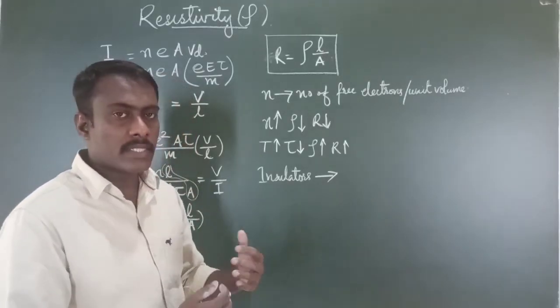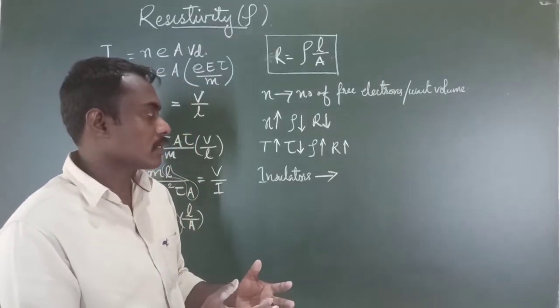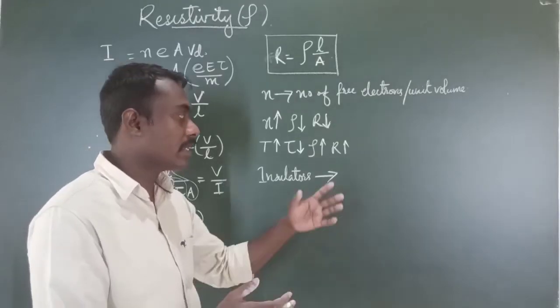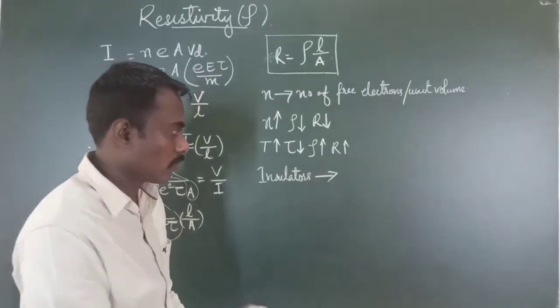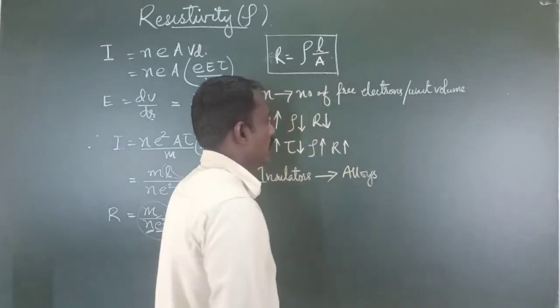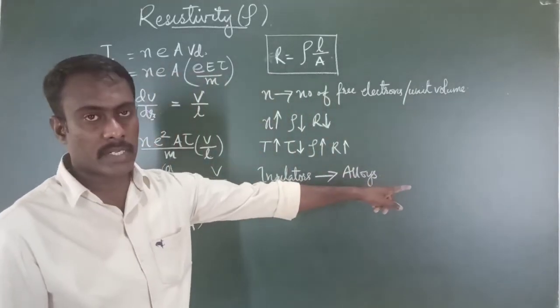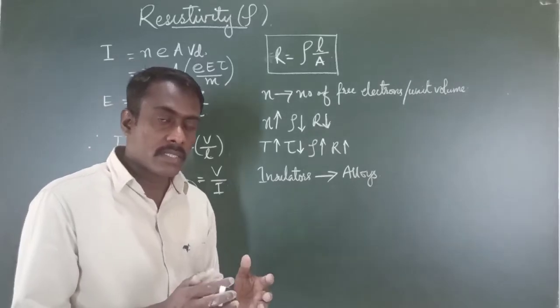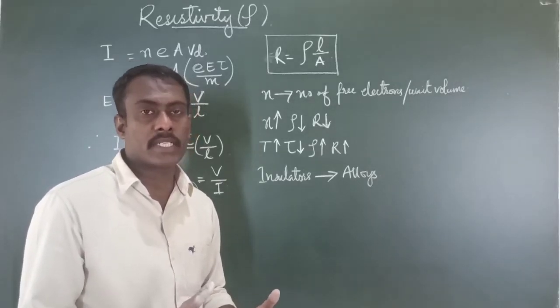But there is another type of material which has higher resistance than the semiconductors: alloys. Why alloys? Alloys provide more resistance than the semiconductors because alloys are a mixture of metals.